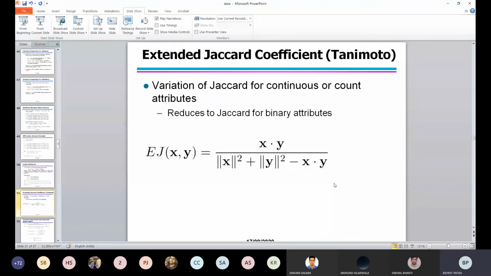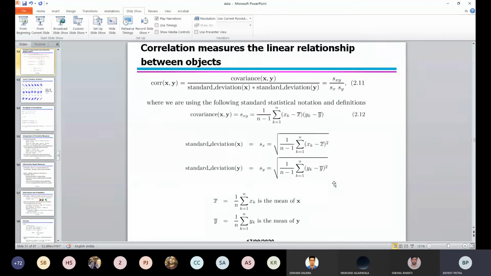I have another 5 to 6 minutes to complete. Now I skipped this while telling the Mahalanobis distance. I told how to compute the covariance, right? So here we will complete that part.